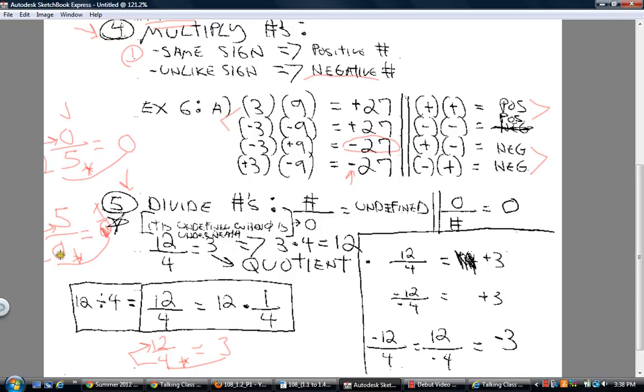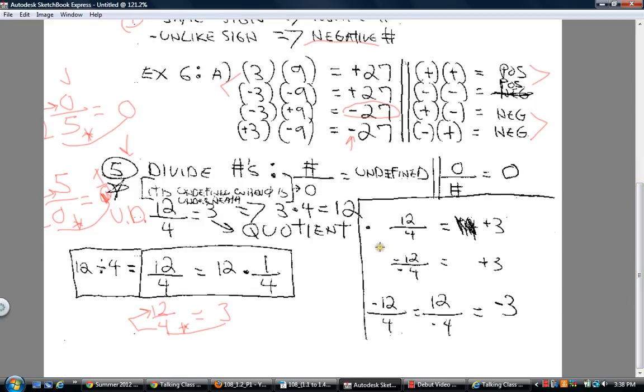Anything times 0, class, always equals, yes, 0. So you cannot come up with any value in a quotient that you multiply by the 0 in the denominator that would give you the result in the numerator. So therefore you come up with undefined. Does not exist. I like to use the letters UD to represent that. The key thing is when the 0 is under the line, it's undefined, and that'll help you out here.